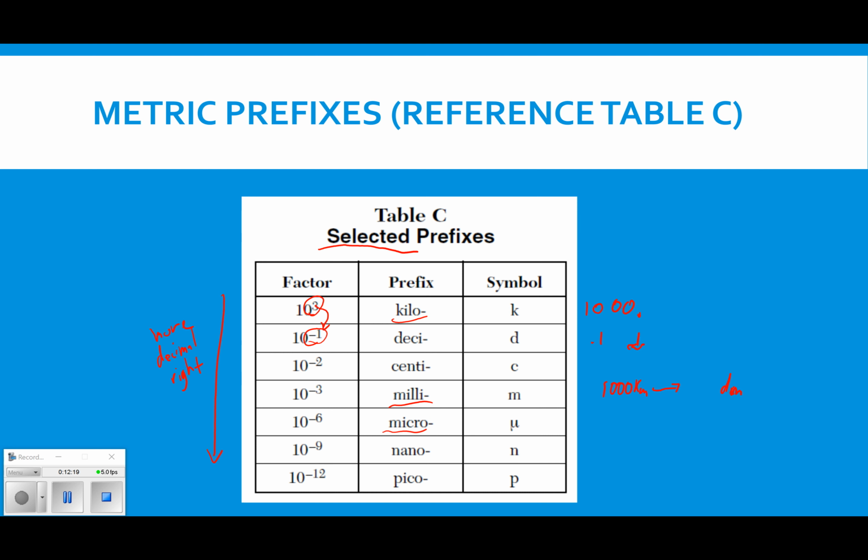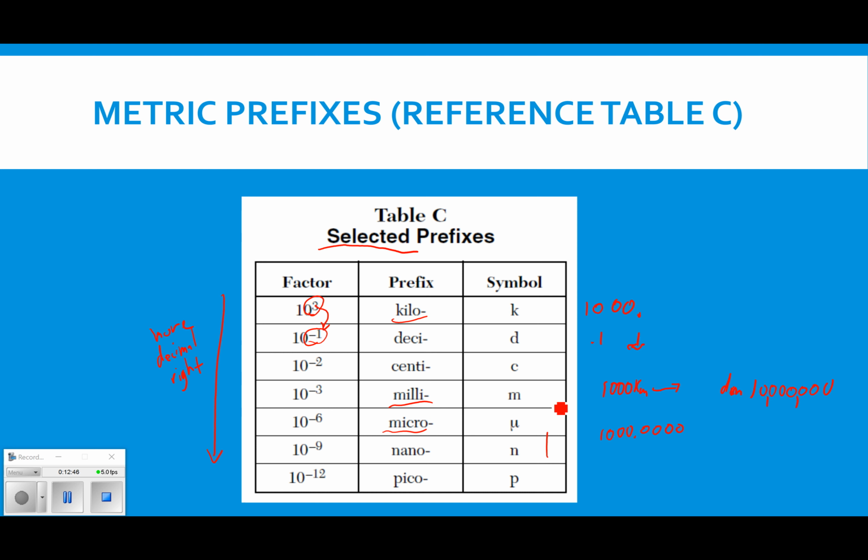And since we're going down the table, we're going to move that decimal to the right. So 1,000 kilometers, we move that decimal 4 spots to the right. 1, 2, 3, 4. And this becomes 10 million decimeters inside of 1,000 kilometers. And we'll do more with that later.